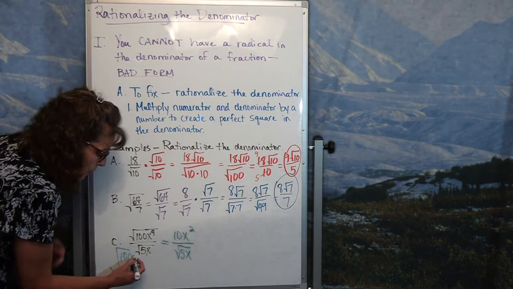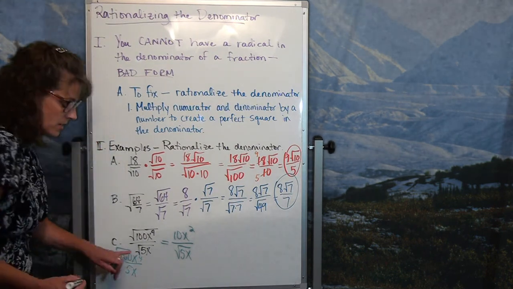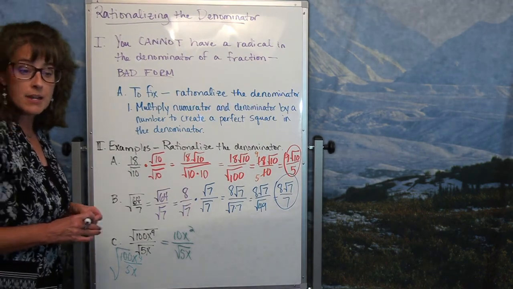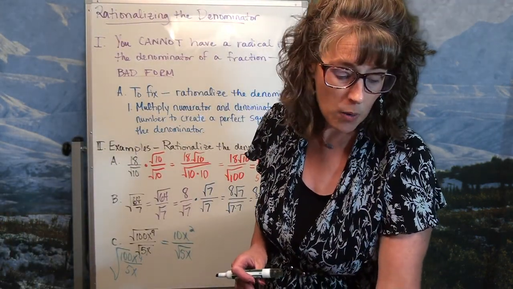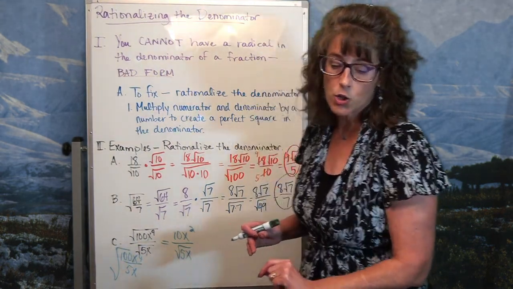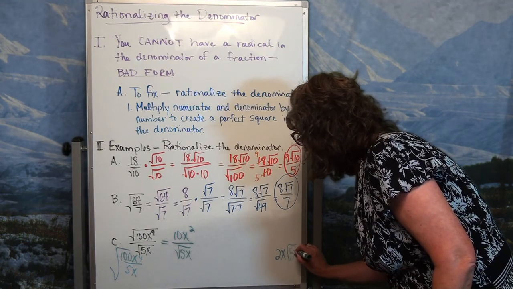So what we did at that point in time is we said let's just go ahead and take that 100 and divide it by 5. And let's take this x to the 4th and divide it by x. And if you recall, what we got out of that one was a 2x square root of 5x.